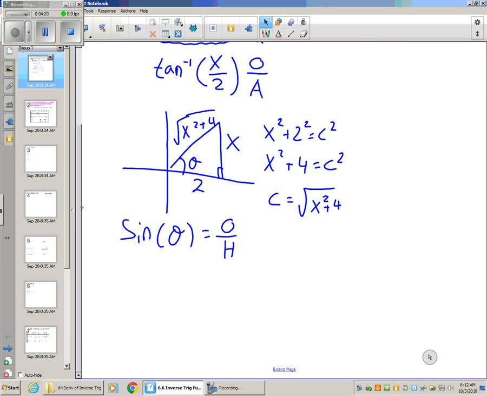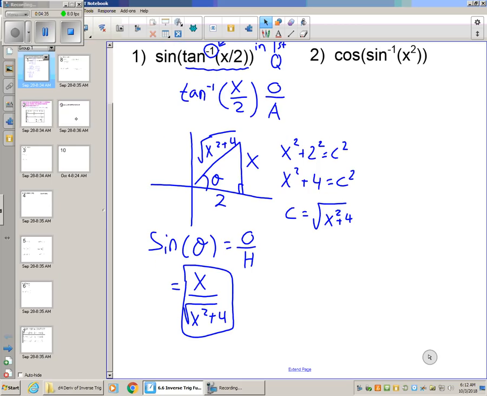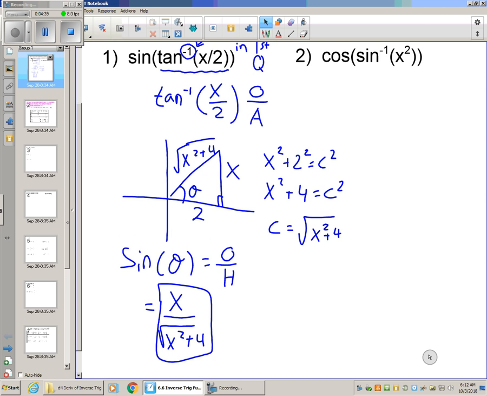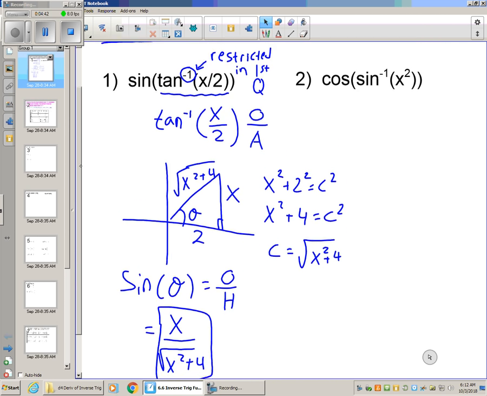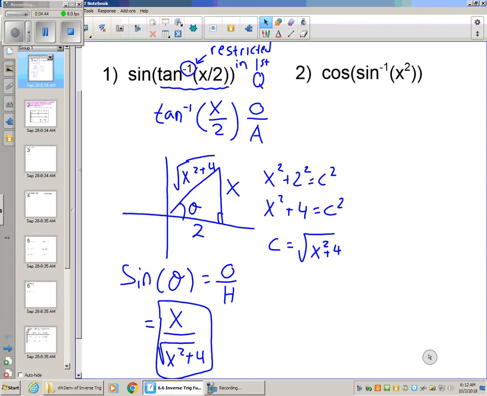So our final answer in this case would be the opposite, which is x, over the hypotenuse, which is the square root of x squared plus 4. So the sine of the tan inverse of x divided by 2 is just x divided by the square root of x squared plus 4. See how that works?